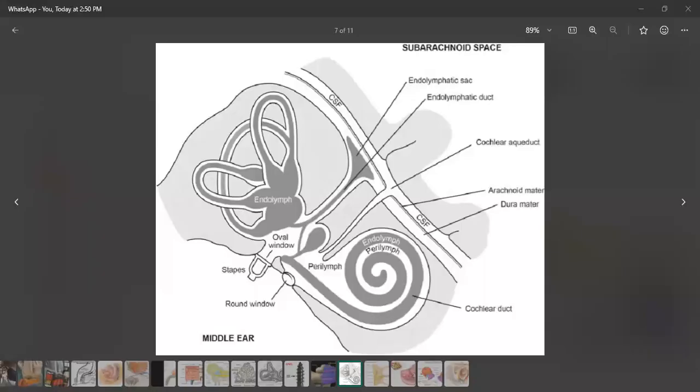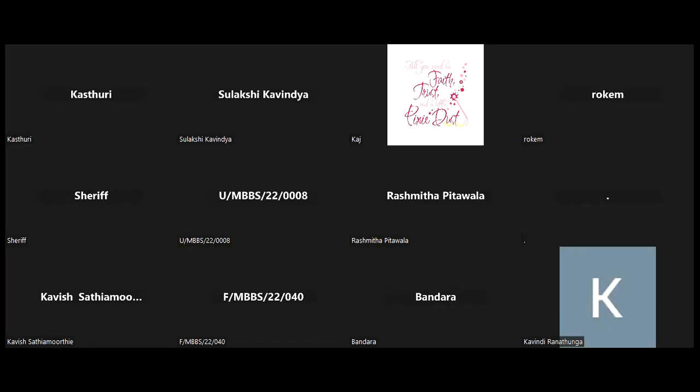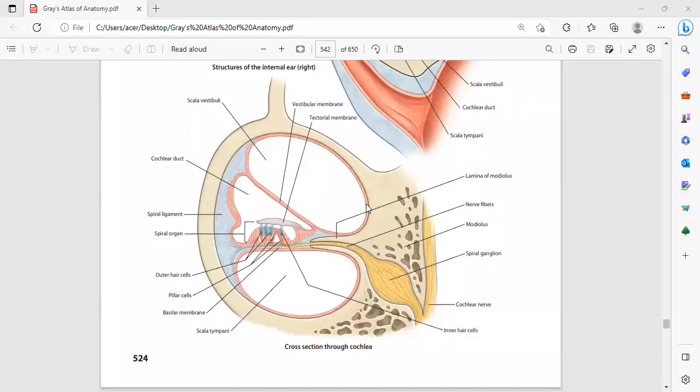Okay, so this is the transverse section of the cochlea. Out here you have the bony part, and this is the membrane.